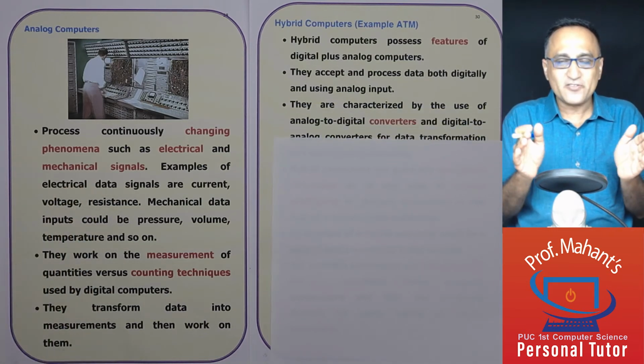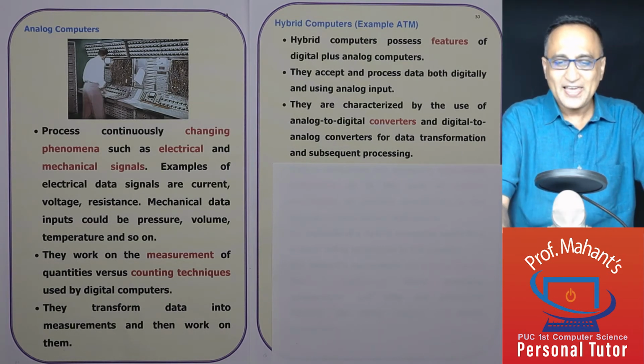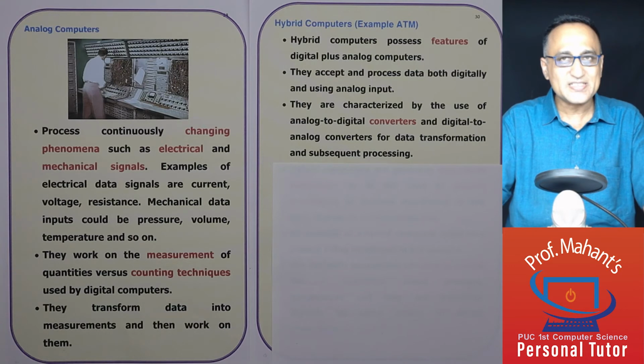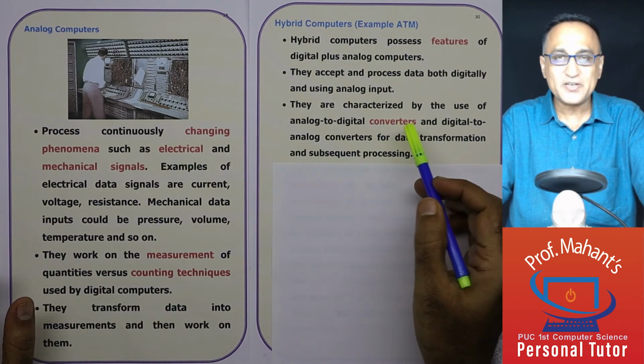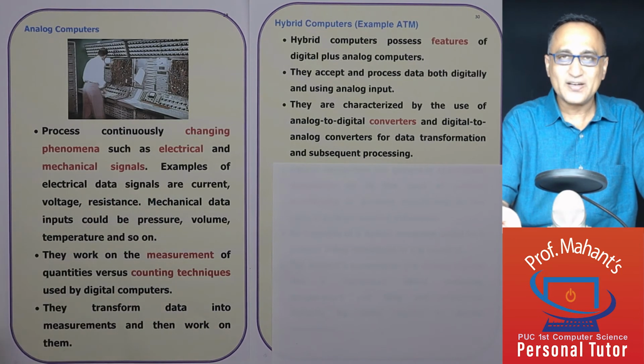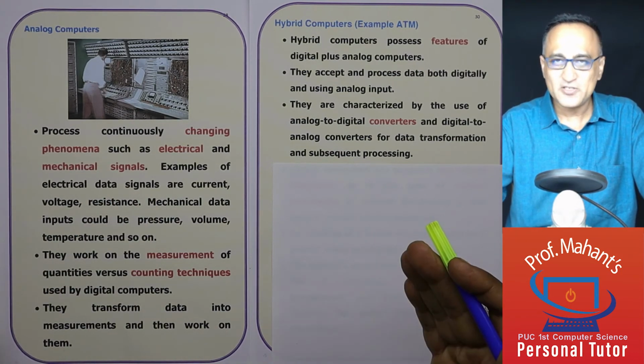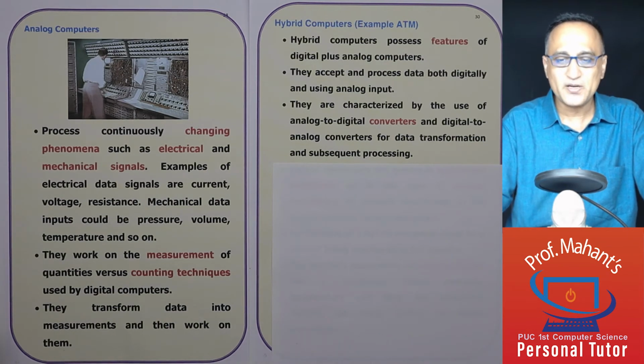Since it's got features of both, there are certain devices called analog to digital and digital to analog converters. An analog to digital converter converts an analog signal like a temperature into zeros and ones, whereas a digital to analog converter converts zeros and ones into physical measurements or physical quantities for subsequent processing.